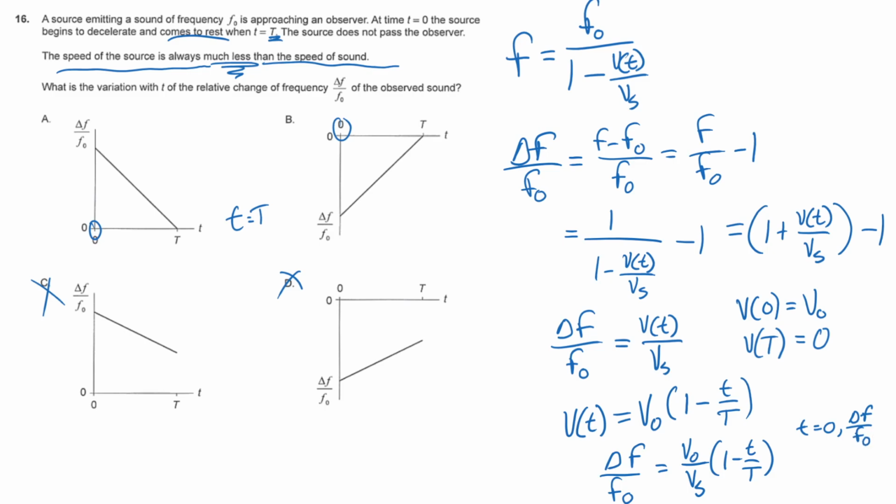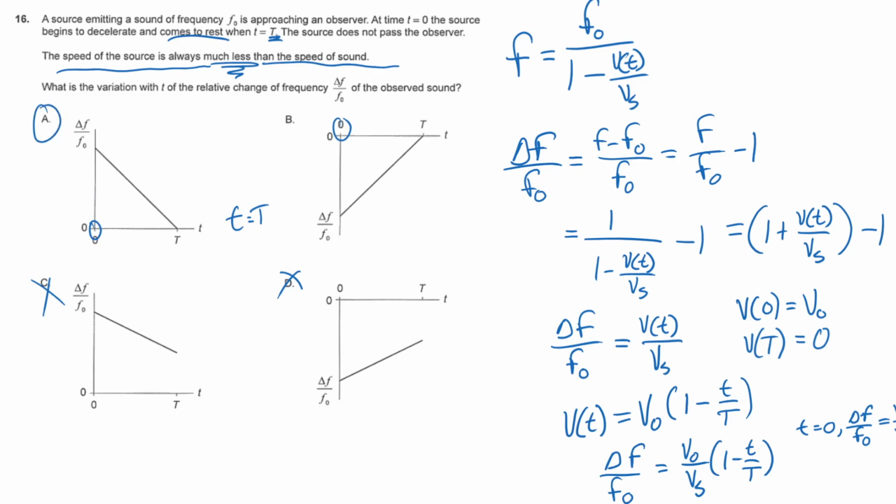Well, 0 divided by T is just 0, so we have 1 minus 0 in the parentheses, and then times v sub 0 divided by v sub s. So that will be answer choice A, right?